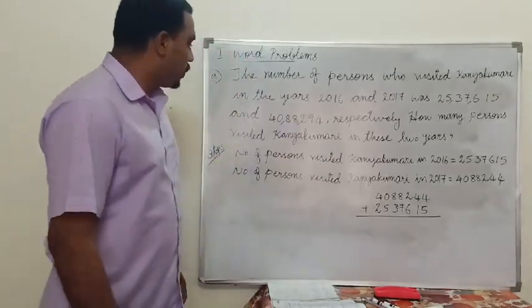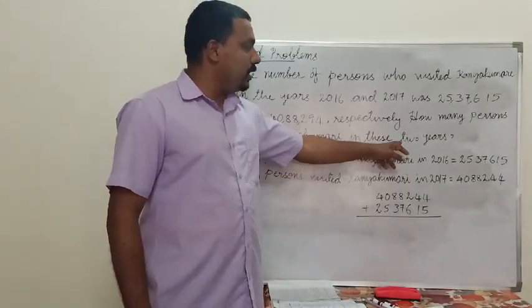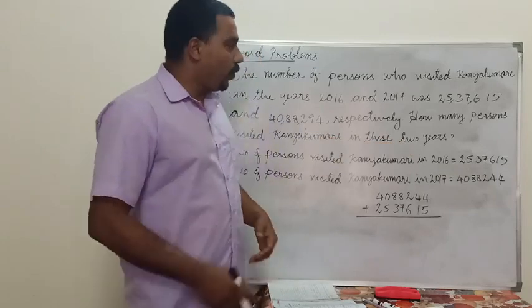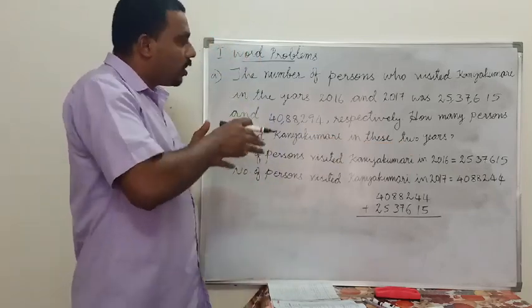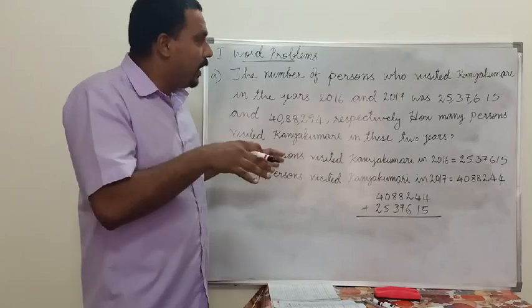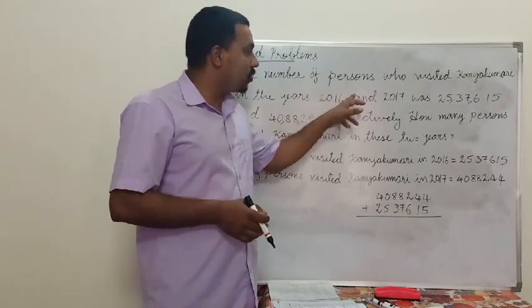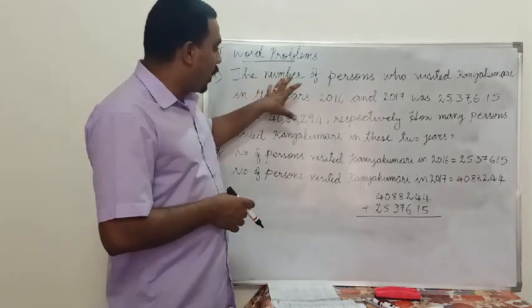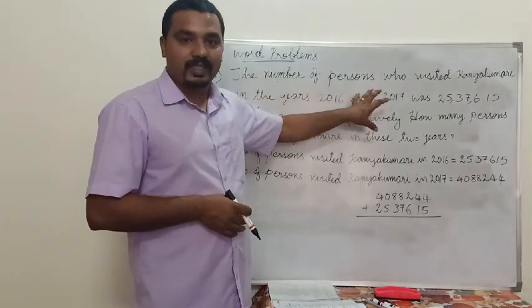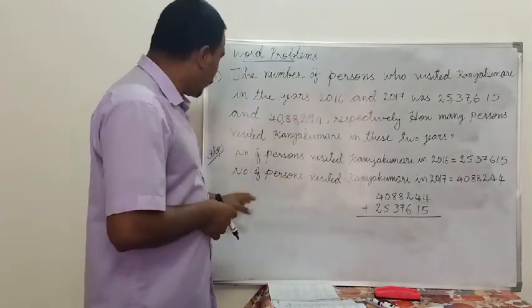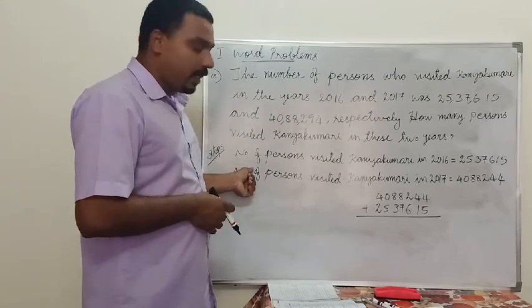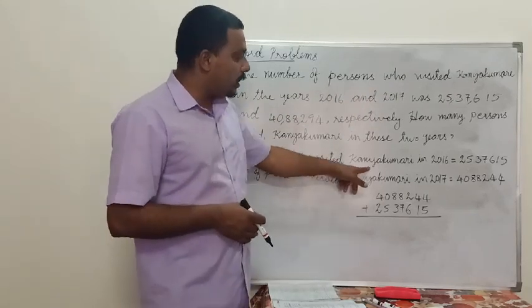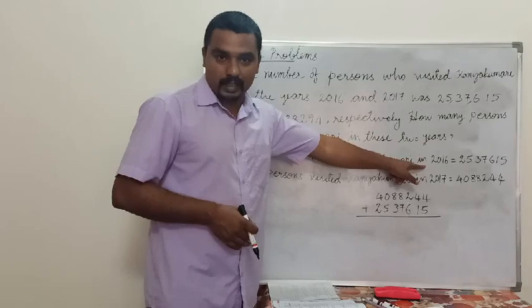How many persons visited Kanyakumari in these 2 years? So we need to find out the total persons who visited Kanyakumari in the years 2016 and 17. So after reading this question, you have to write the steps. The steps I have already written here.